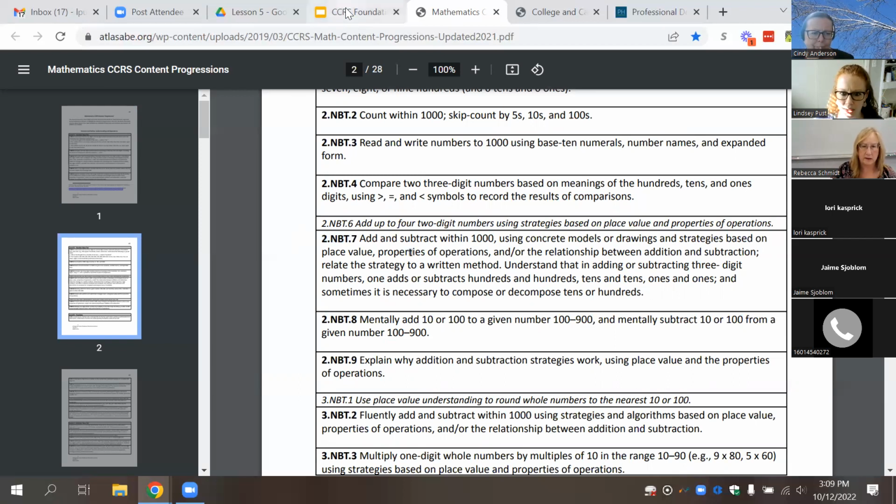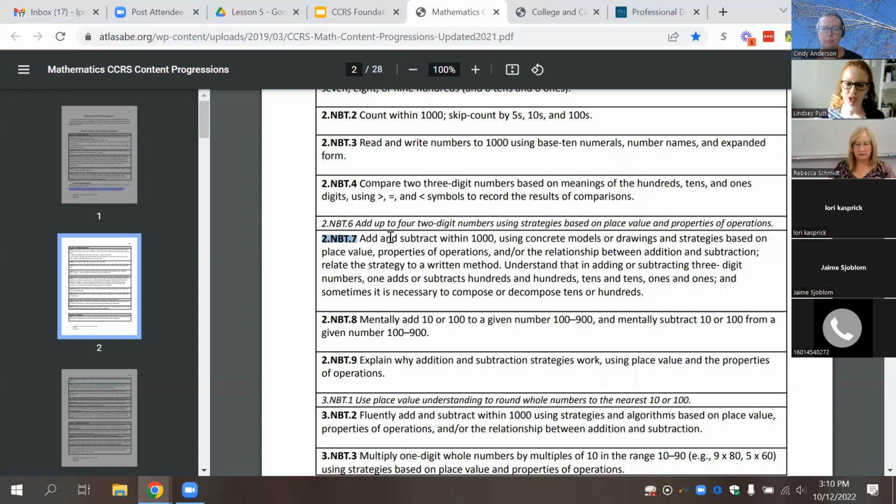The bolded ones are models, so they're major works of the level. And these standards have been identified as those major works of each level. And so I feel like it's an effort to help us focus our instruction. So if I have to choose what to focus on, because I have limited time and I have varying students, I can't teach everything to everyone and people are in and out.